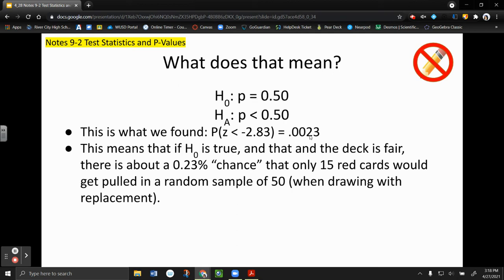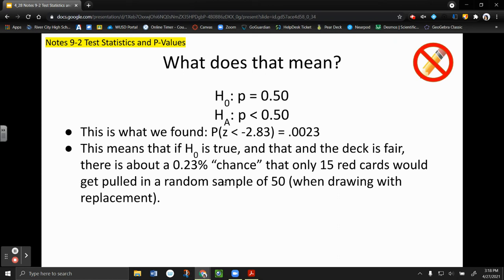there's only about a 0.23% chance, I put that in quotes because I don't really like the word chance, but it's something that people tend to understand, a 0.23% chance that only 15 red cards would get pulled in a random sample of 50 cards when drawing with replacement. That's very, very unlikely. Meaning if that happened, maybe our original claim is not true.